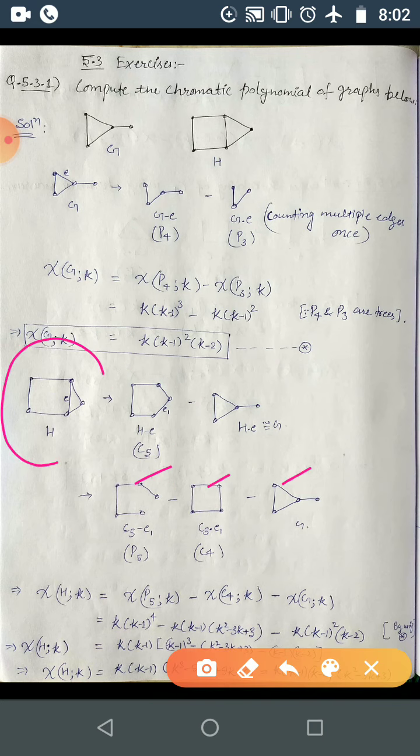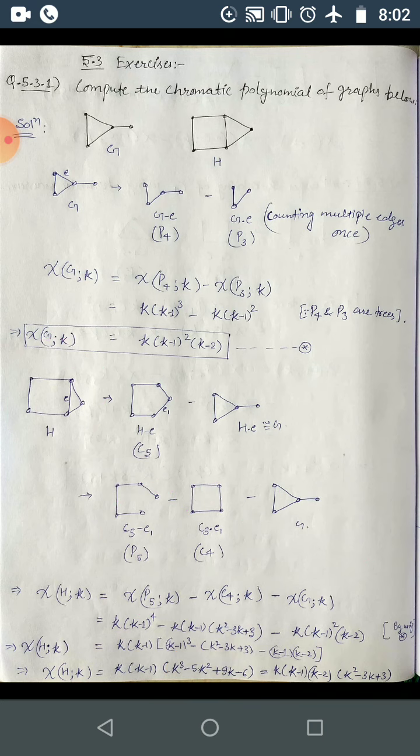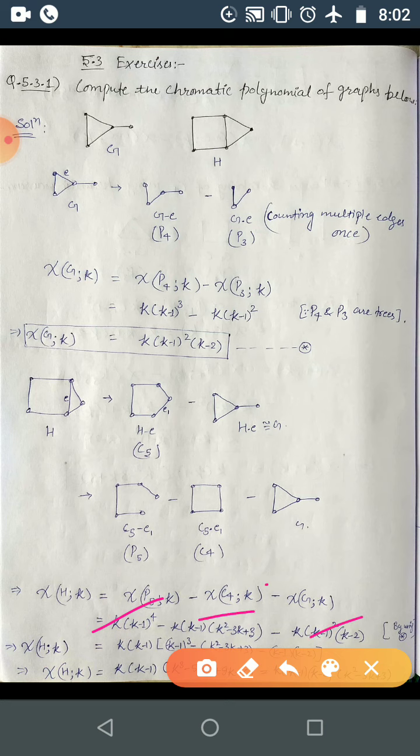Now the chromatic polynomial for this one will be equal to the chromatic polynomial for this one minus the chromatic polynomial for this one. So the chromatic polynomial for H is equal to the chromatic polynomial for P5 minus the chromatic polynomial for C4 minus the chromatic polynomial for G. By putting in these values, we get the answer, okay?